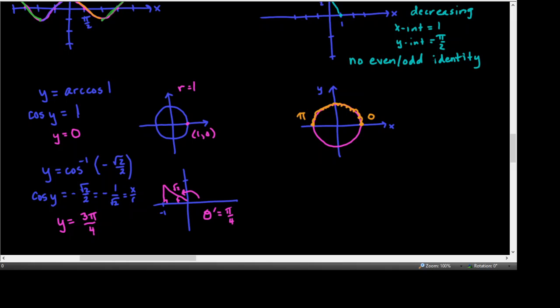All right, so let's move on to the inverse tangent function. So graphing the normal tangent function is our first task.